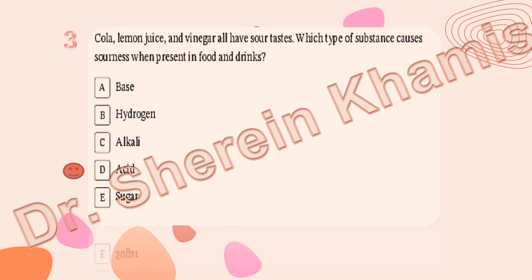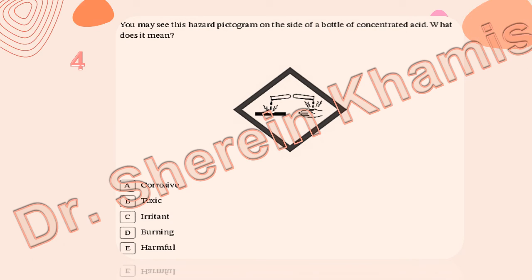Let's go to question 4. Question 4 says: you may see this hazard picture on the side of the bottle of concentrated acid. What does it mean? When you see it, you can't use it on your skin, or you must be careful when using it.